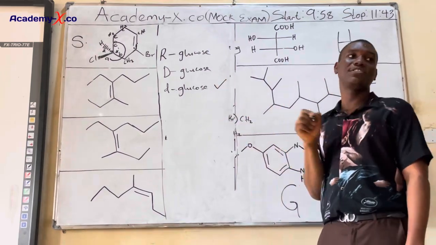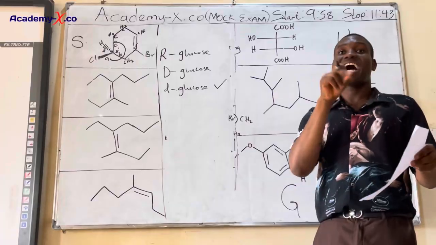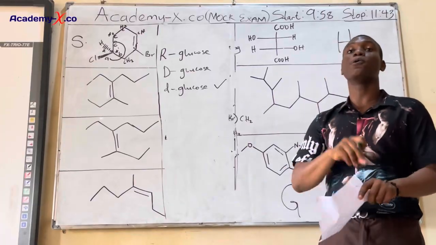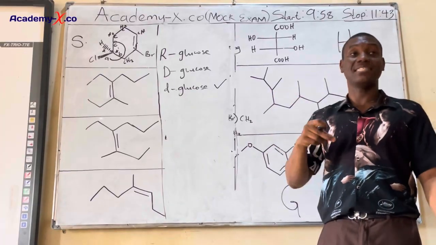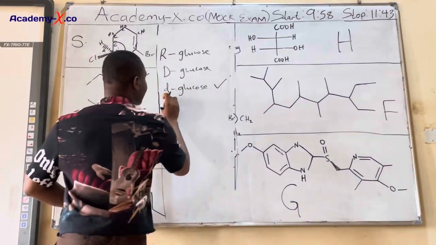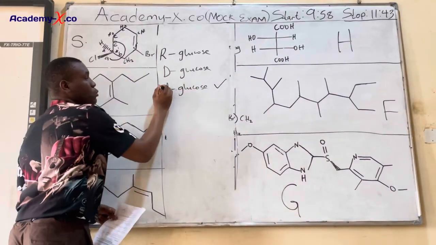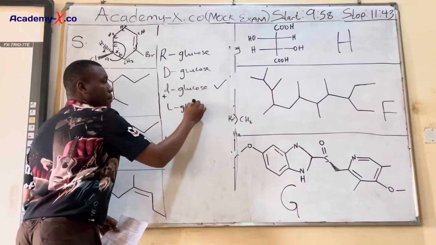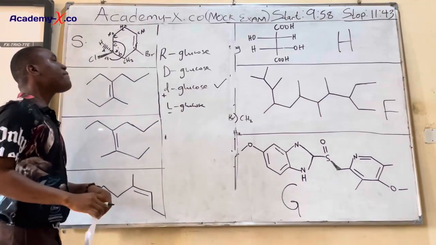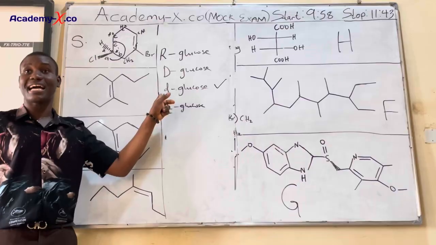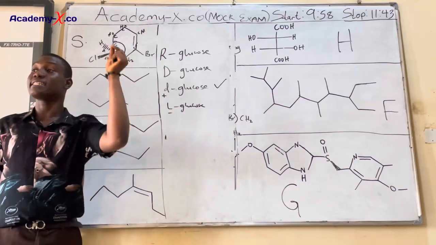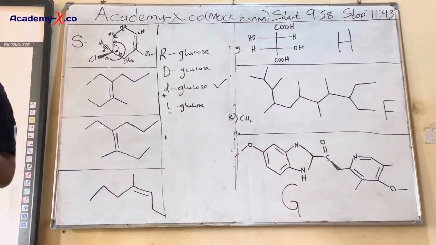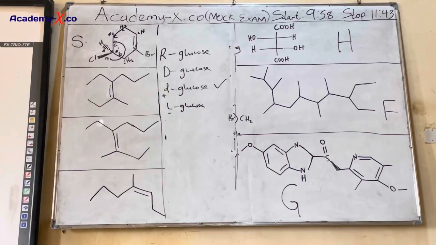If you check one of the videos, that's why I want to be highlighting all these small things for you, so that when you go back, you look at them again, they are in the videos. Now, this tiny d glucose also means what? Plus. But tiny l means what? Minus. So if I have tiny d, small letter d, and small letter l, it is indicative of optical activity occurring.